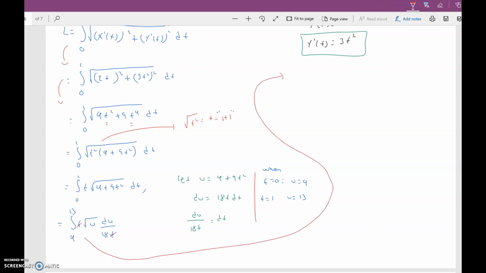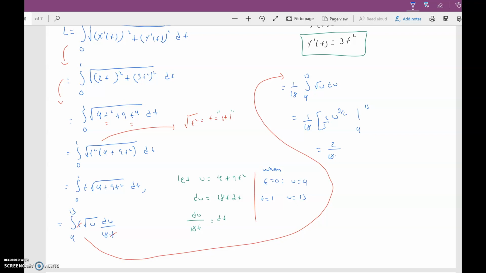So this is going to be equivalent to technically 1/18 integral from 4 to 13 of square root of u du, or 1/18 and then u to the 3/2, and then let me just rewrite it as 2/3, from 4 to 13. So this is 2 over 18 times 3.